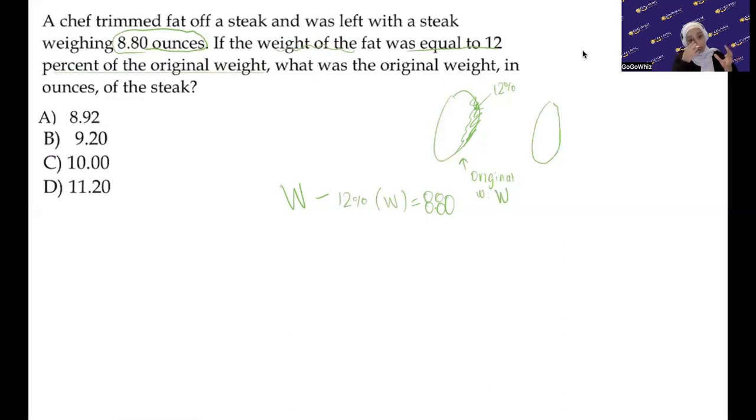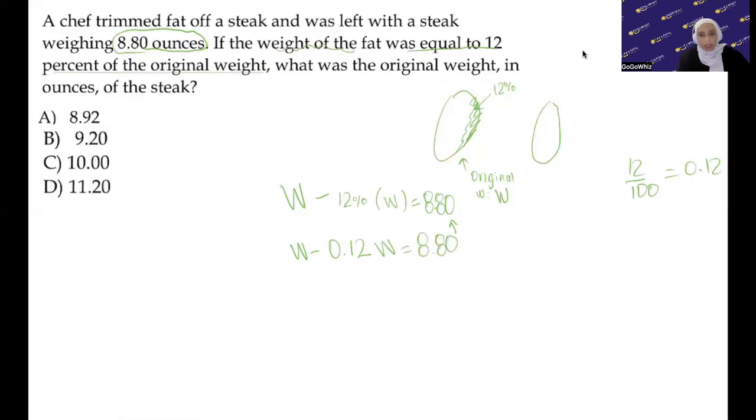So when I took off 12% of my original weight, I ended up with an 8.80 ounce steak. So this is W minus 0.12, another way of writing 12 over 100, just move the zeros, 0.12 W, all equal to 8.80.